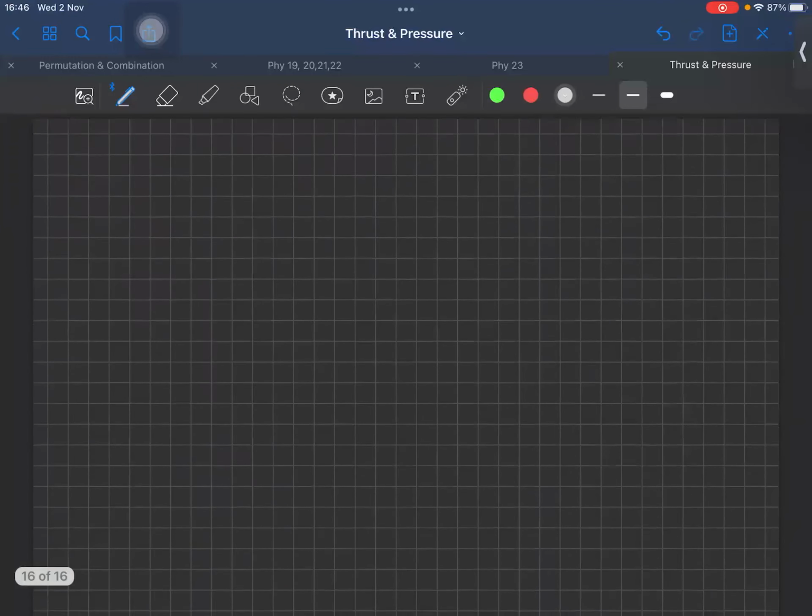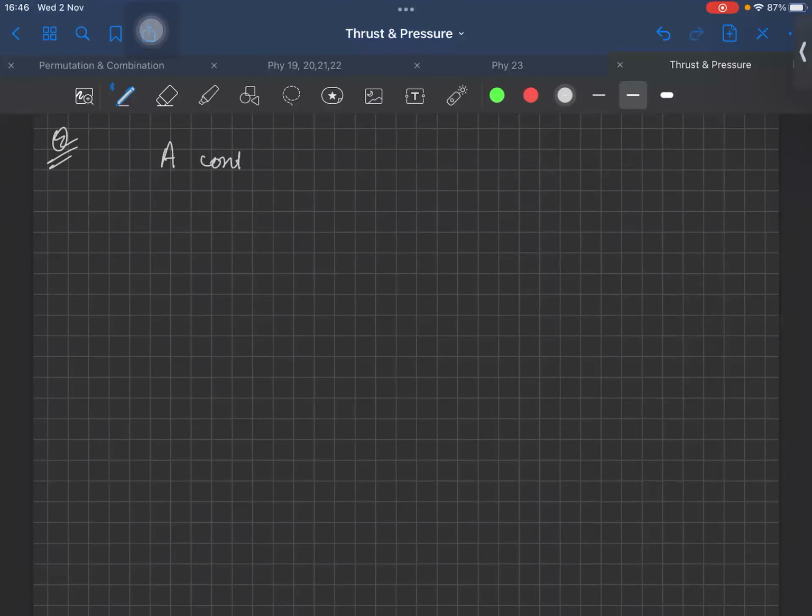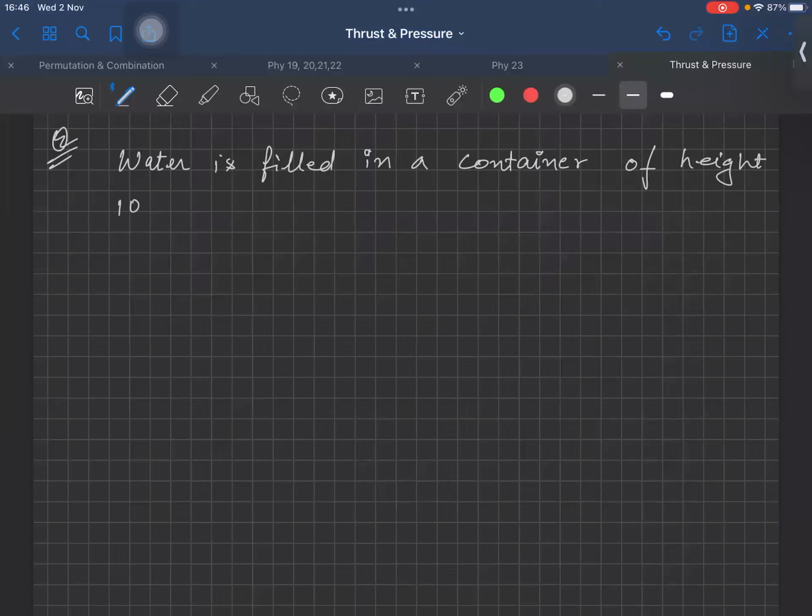Okay, do one problem. Water of density 1000 kg per meter cube is filled in a container of height 100 centimeter.